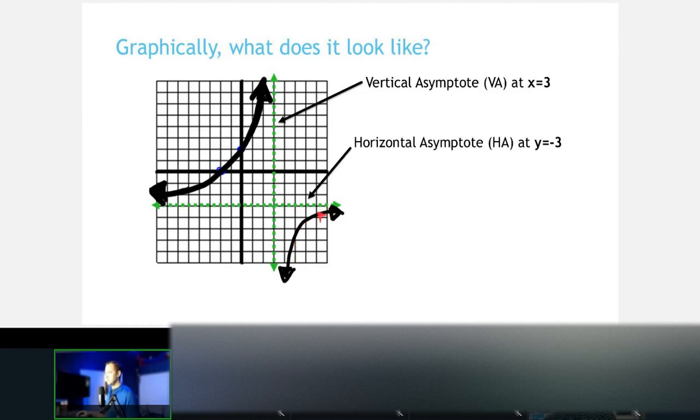Over here, this part of the graph will approach this HA, this dashed line that I have, but it will never touch or cross over. So, that's a little crash course, a little review on vertical and horizontal lines, the equations, and what asymptotes are. Any questions so far before we go on to do some of the calculations?